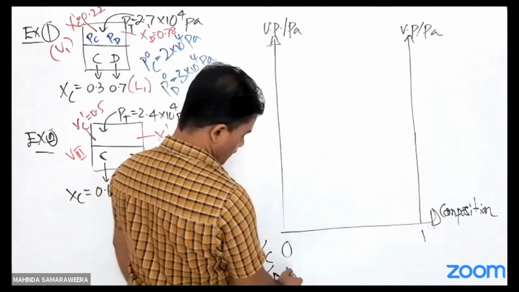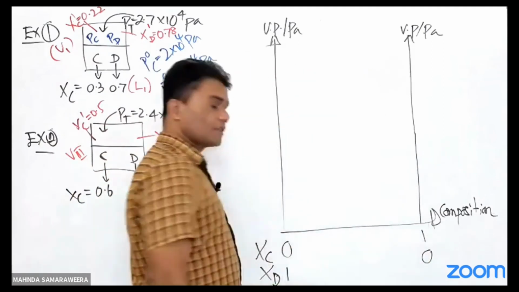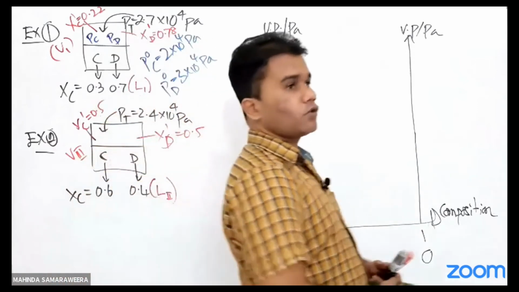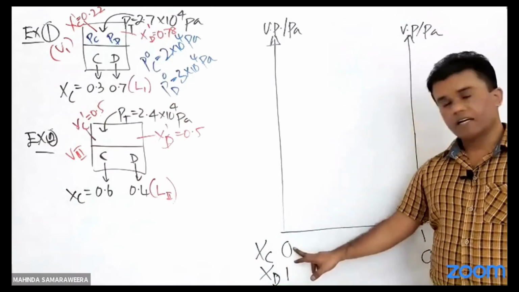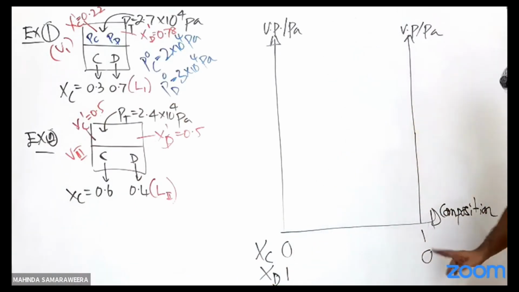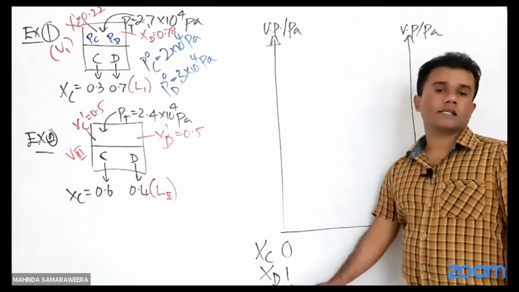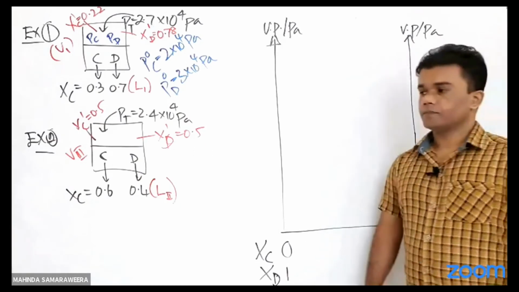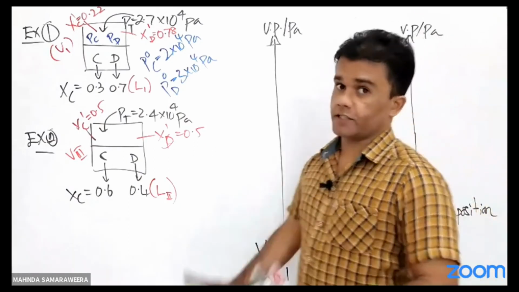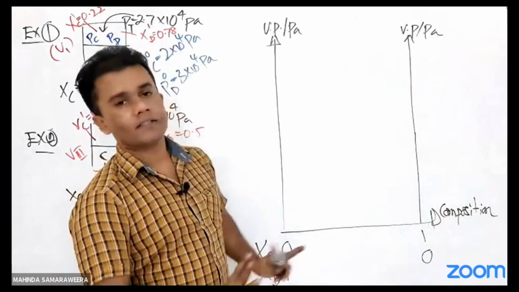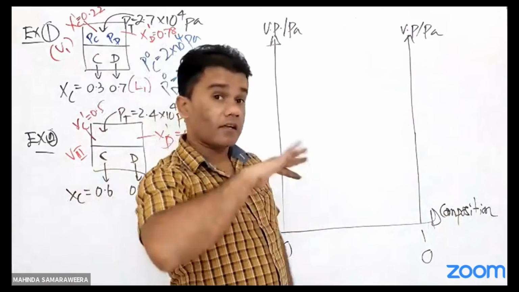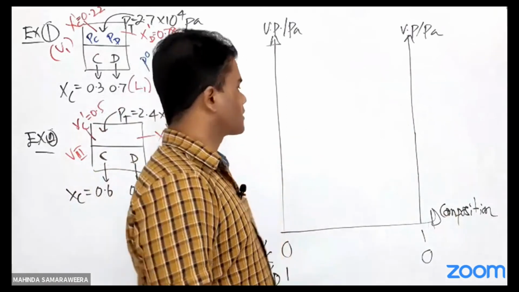Then XD will be 1 here and 0. But some of you take XD 1 here, 0 here, and XC 0 here and 1 here. That is again correct. You are free to take XC 0 here or XC 1, it doesn't matter. But there should then be appropriate changes.